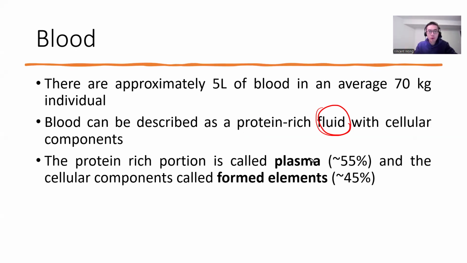So that fluid portion is what we call the plasma, and that makes up about 55% of your blood. The cellular components are collectively known as formed elements. That makes up 45% of the whole blood. So you probably know some of the formed elements already.